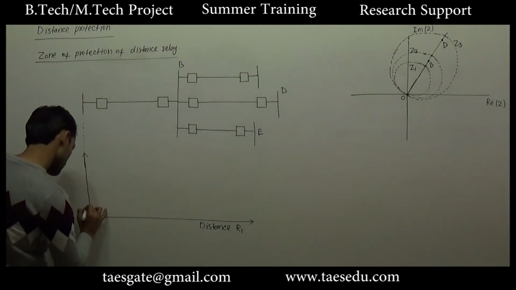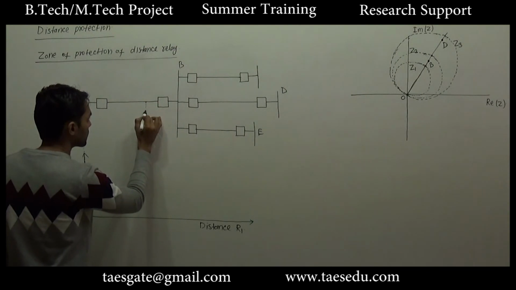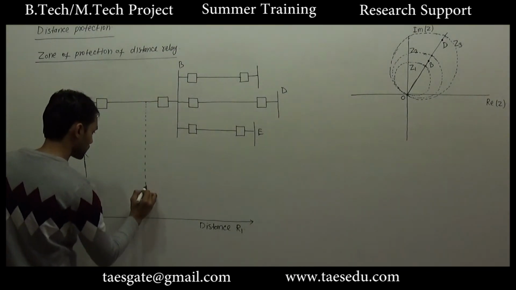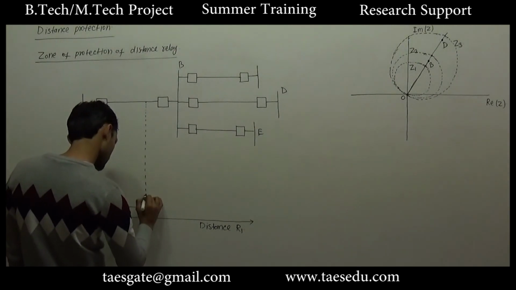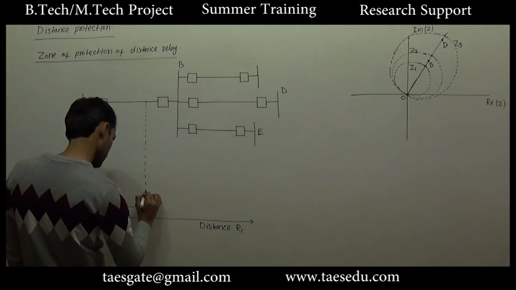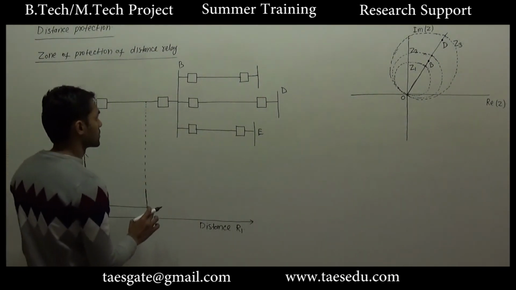So we will keep T zone 1 as small as possible. This is T zone 1, and reach is up to 80% of the primary line. After zone 1 protection, there will be a time interval of 0.3 second, and from here zone 2 protection will start.